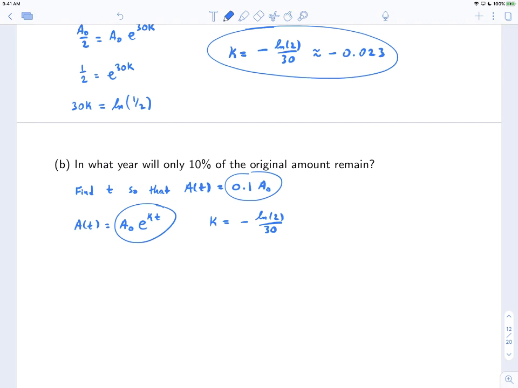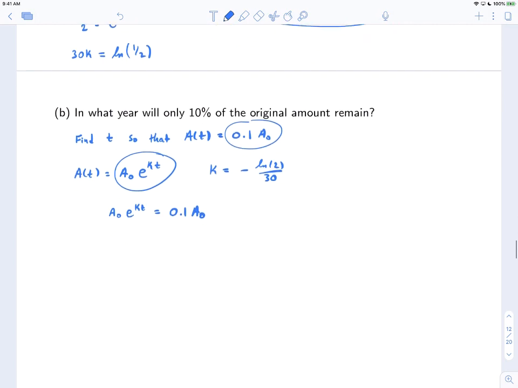Remember that k is known to us. It's this number right here. I'm just leaving it as k to make it easier to write down right now. So the first thing to do is divide everything by A sub 0. Then we'll have e to the kt is equal to 0.1.